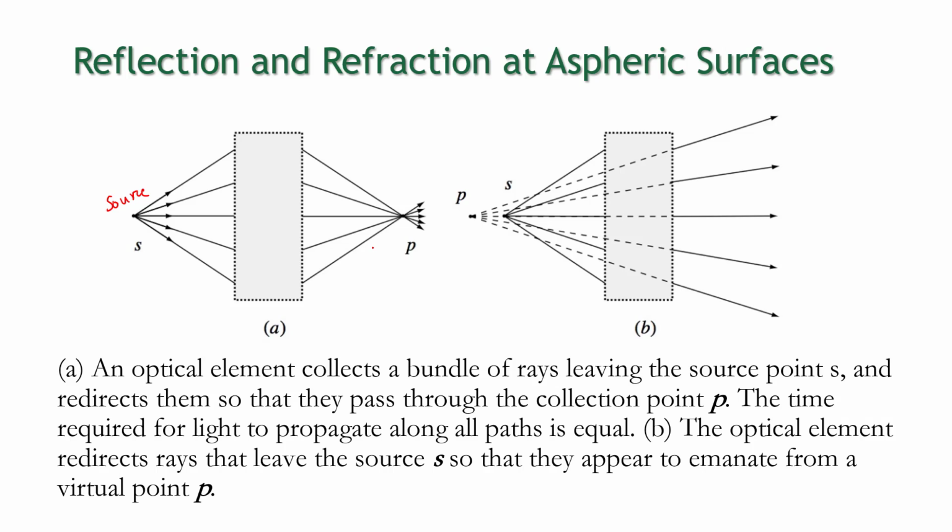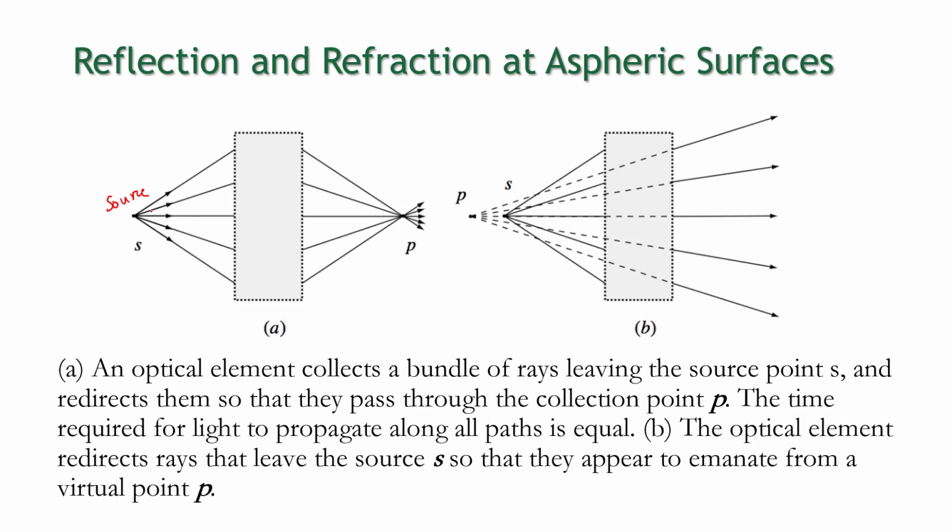And using Fermat's principle, we know that light travels through the shortest possible distance and in the shortest possible time. So, if all the rays meet at the same point, that means they will travel all these different paths in the same time.